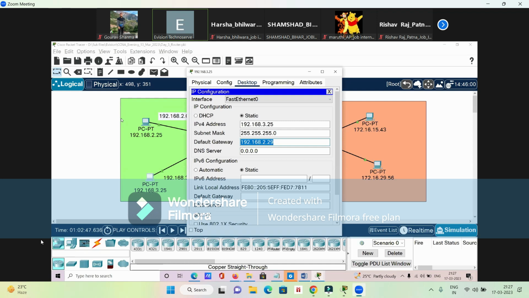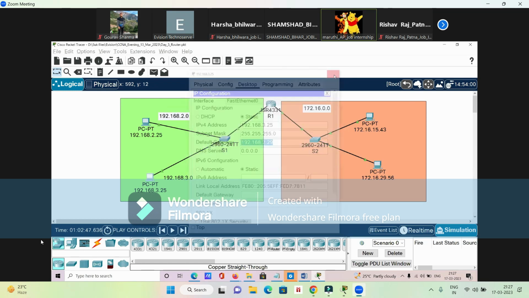What should be the default gateway according to you? Sir, change the subnet mask into class B, if it is possible. Do you want me to remove the default gateway? No, no, sir. Subnet mask change into class B.